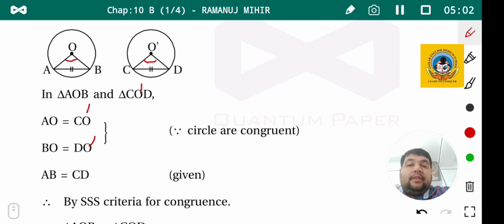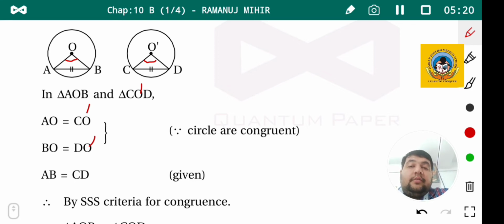So AO is equal to CO dash, then BO is equal to DO dash because it is also a radius. Now AB is equal to CD because the chords are equal in length, it is also given.